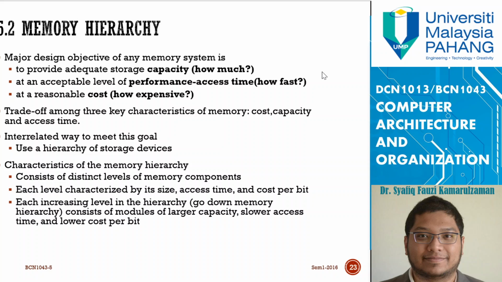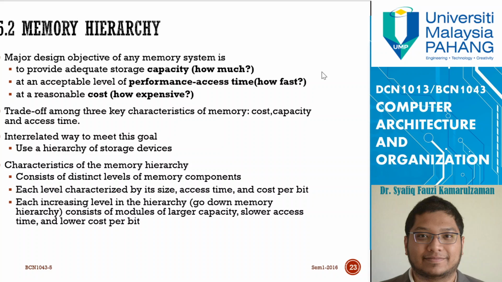So today we are going to discuss how to classify those technologies. We usually design the memory based on certain key features, for example capacity, performance, access time, and also the cost.